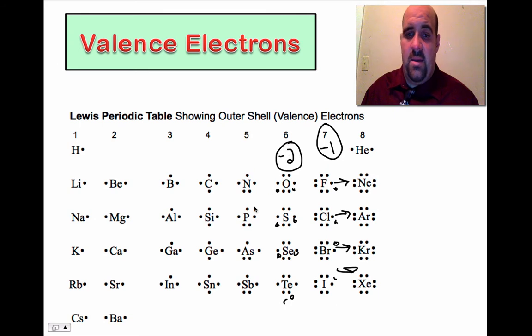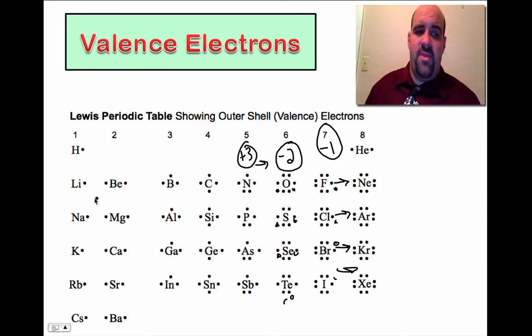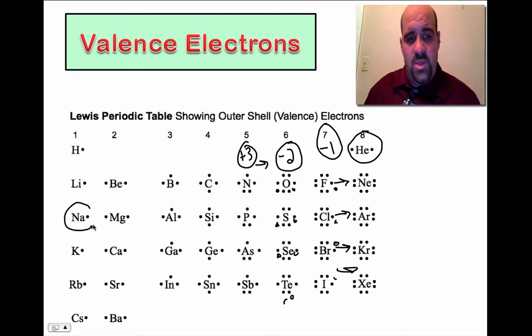Nitrogen is going to want 3. Phosphorus is going to want 3. So in this column we're going to have a -3 charge to become like the noble gas. Lithium, if it loses this electron, it's going to have the same electron configuration as helium. It's going to be like the nearest noble gas going that way. Sodium, if it loses its electron, it has 11 to start. If it loses it, it's now going to have 10. It's going to be exactly like neon.